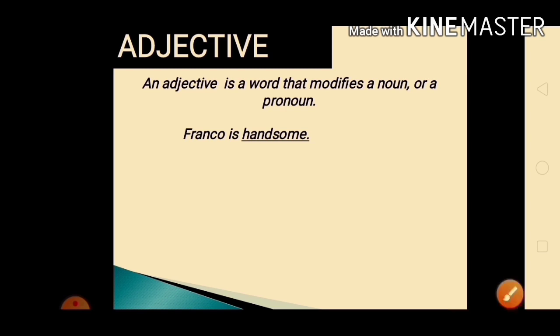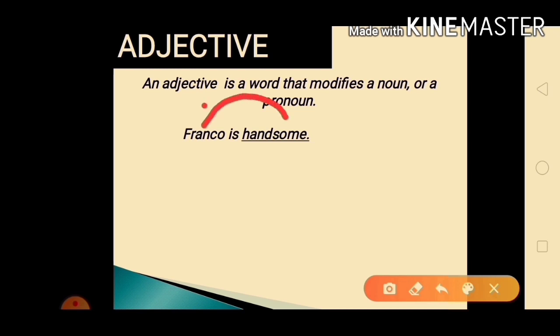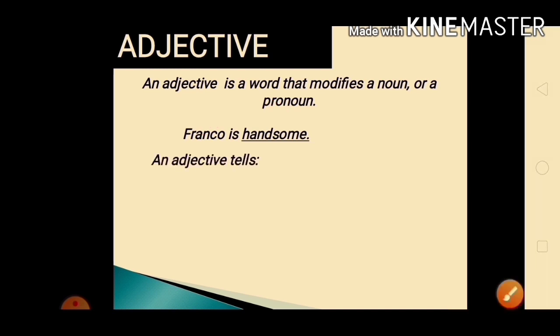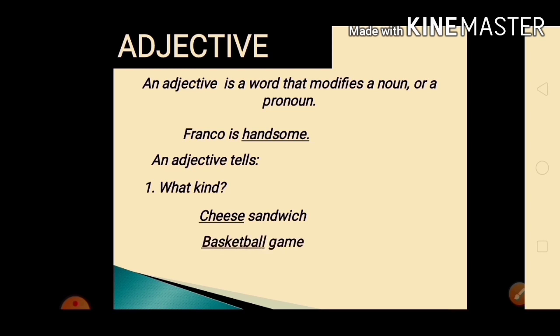So, the underlined word here is handsome, and that is an adjective because it modifies or describes Franco. Next, an adjective tells what kind. For example, cheese sandwich. What kind of sandwich? Cheese. Next, basketball game. What kind of game? Basketball. So that is one of the functions of an adjective, telling what kind.